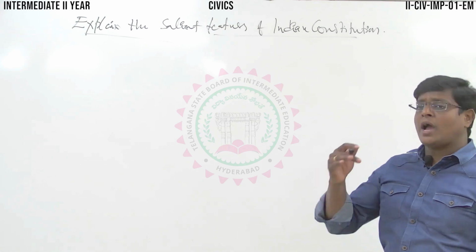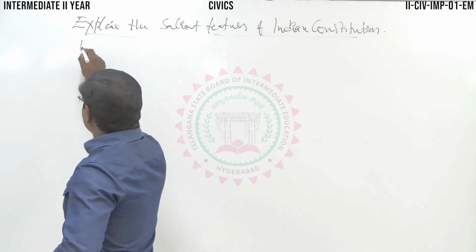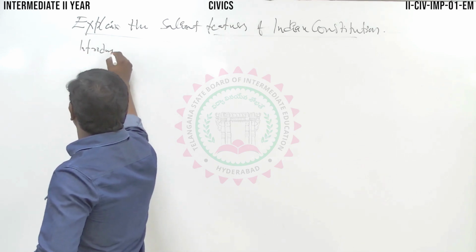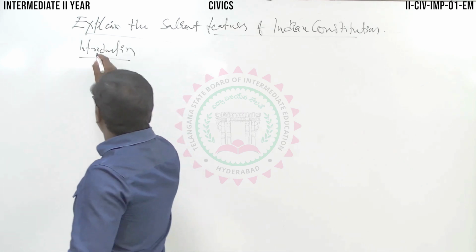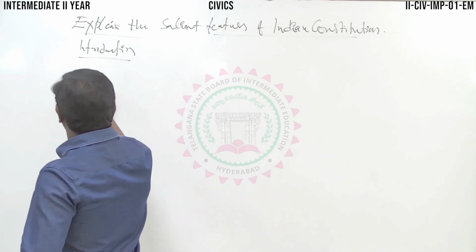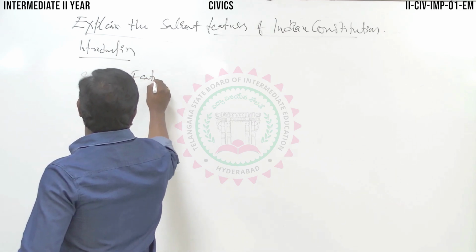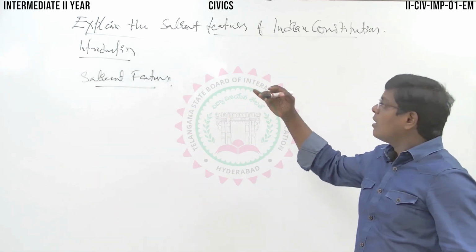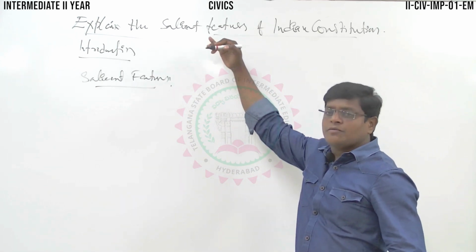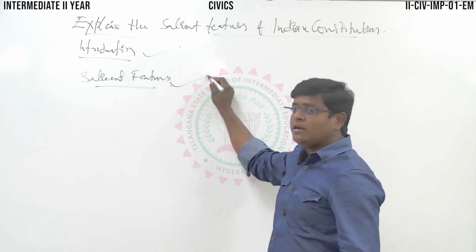In that question you have to mention a small introduction part, and after the introduction, you have to explain the salient features. So these are the main contents in the first 10 marks question: one introduction, then the salient features.